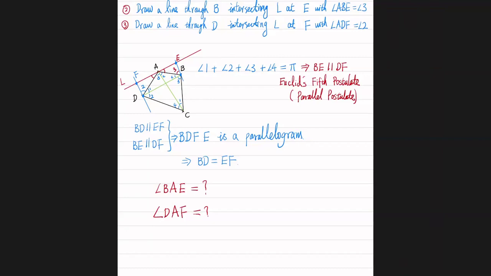Why? Because line L is parallel to BD, and with transversal AB, BAE and ABD are alternate interior angles.